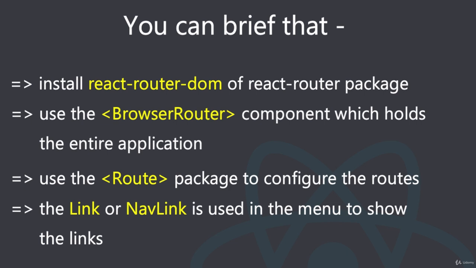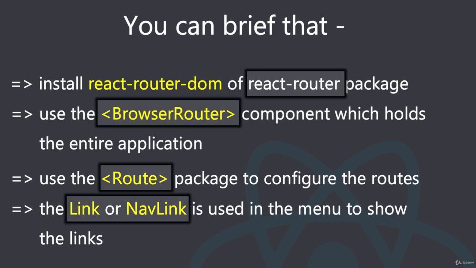We have not yet seen nav link and even link in detail, but this is how you can answer this question. There is a lot, and once you are done with this entire section, this answer can be fine-tuned further, but do mention React Router, the router package, browser router, link and nav link. All these things make a general answer to the single page application question.